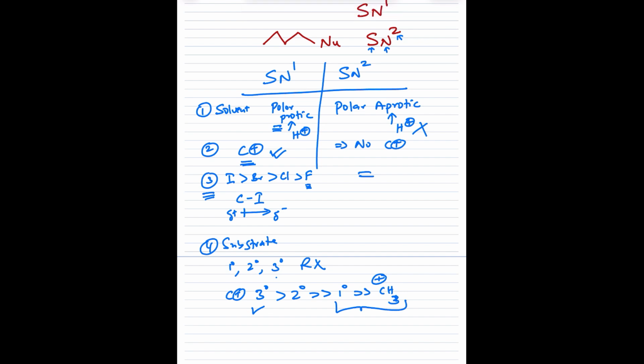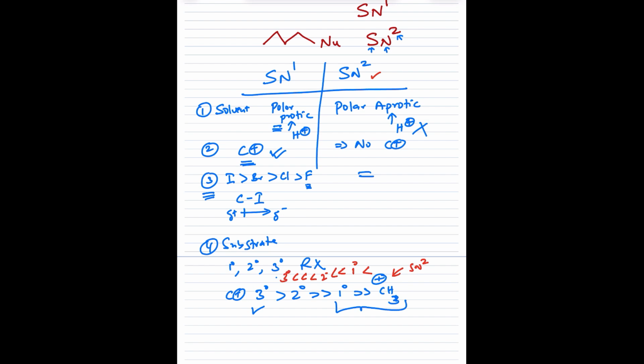We see the reverse for SN2 reaction because that will be faster in methyl, so you start with methyl and then followed by primary, and then much faster than secondary, and then tertiary never goes through SN2.